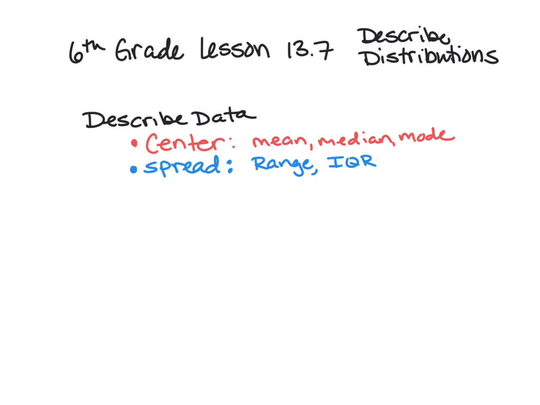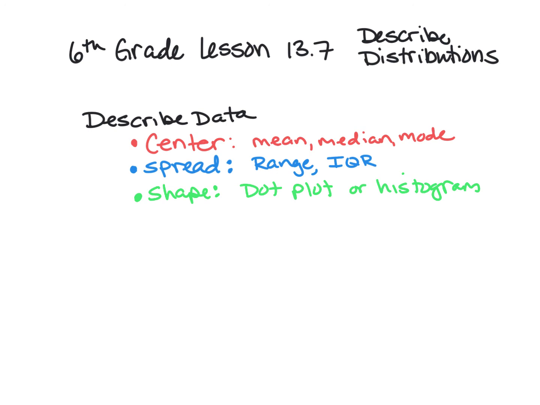We describe the data by the shape on the graph. By using a dot plot or a histogram, we can talk about the shape of it. Is it symmetrical? Remember, that's like if you drew a line down the center of it, and you folded the page down the center, would they match up? Like looking in a mirror, symmetrical.